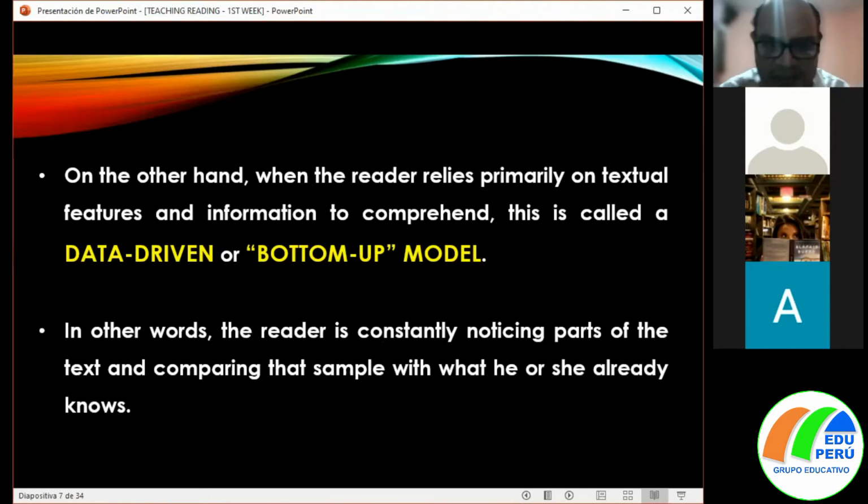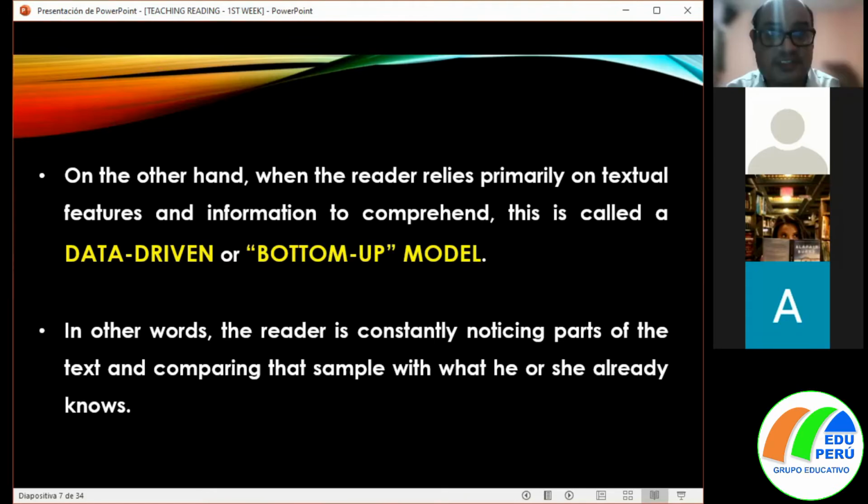Yeah, it's like an adjective. You analyze the text. Yeah, the author wants to say that. But you compare it with what you already know, and you get a message. You get a total comprehension of the text. And these two aspects interact continuously when we read something.